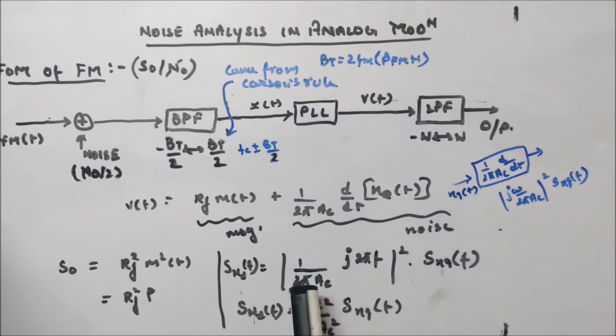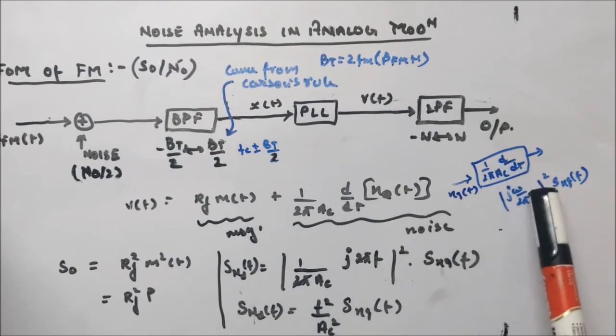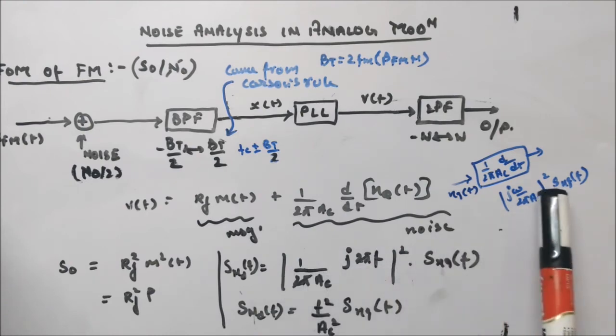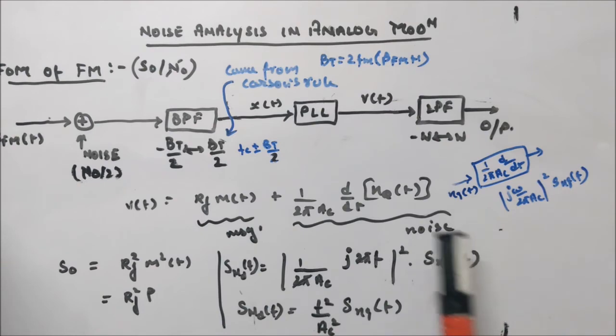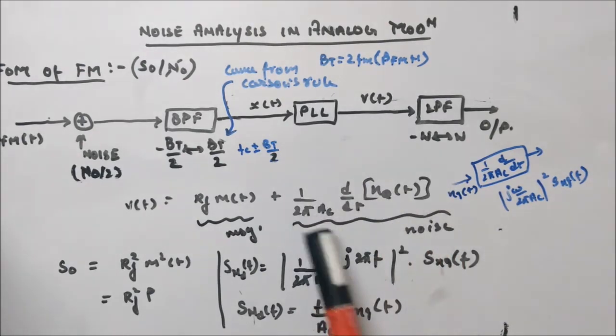So this is what I've written. Mod of e square j omega, since the Fourier transform of d by dt is j omega, and j omega is j 2 pi f, divided by 2 pi AC, mod square into the power spectral density of n_Q(t). That is how you can calculate the power spectral density of this term.